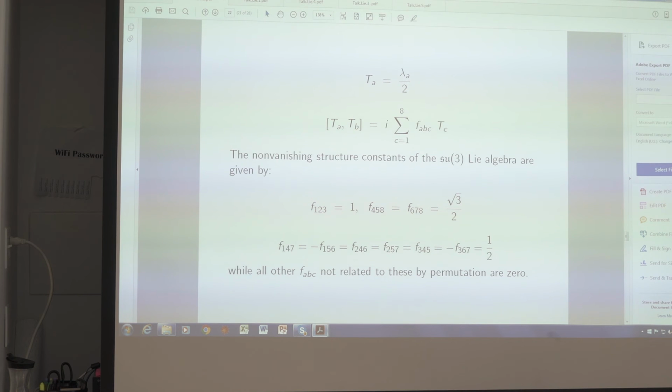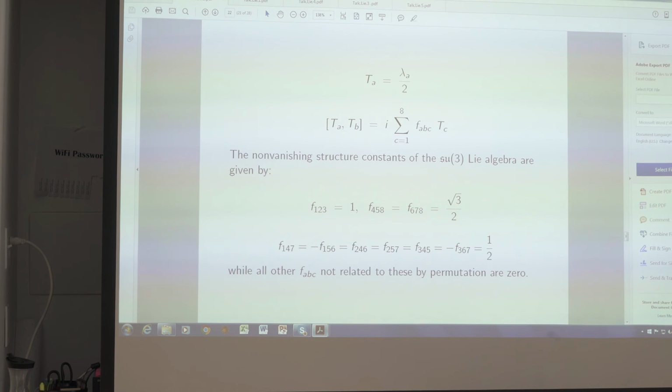When you reverse any of the indices, it's antisymmetric. You choose these generators because it simplifies the commutation relations. The only non-vanishing structure constants are given by this set, while all the other structure constants, which are not related to any of these by permutation, are 0.